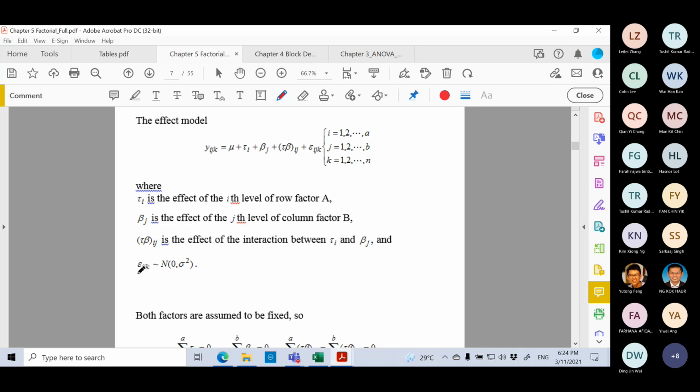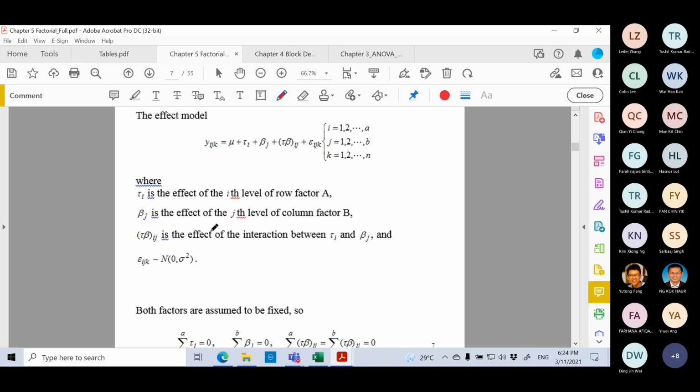And the assumption here is that epsilon ijk follows the normal distribution with mean 0 and variance sigma squared. Here we are studying only the fixed effect model.